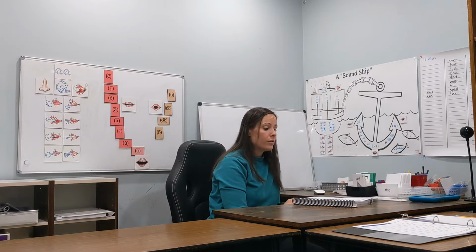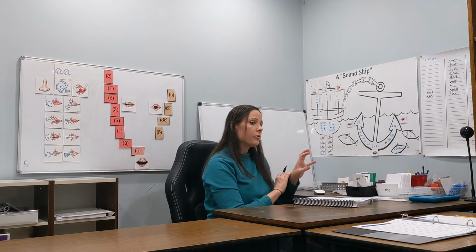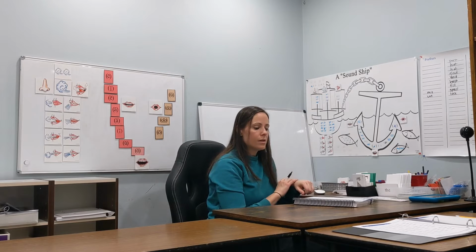Gle. Very good. And what sound did you hear at the end of the first syllable? So the syllable before, what did it end with? Ang, angle, jung, jungle, sing, single.